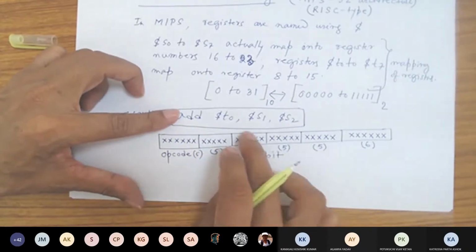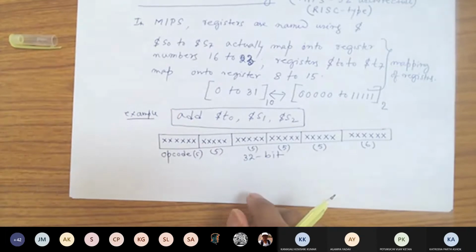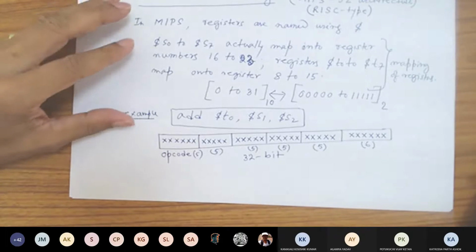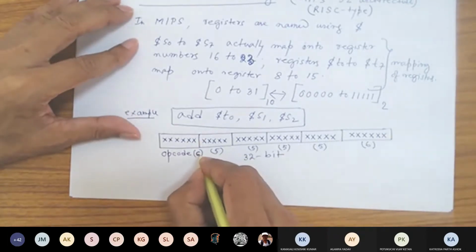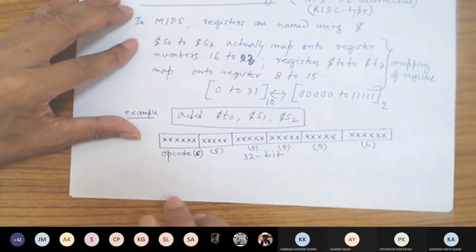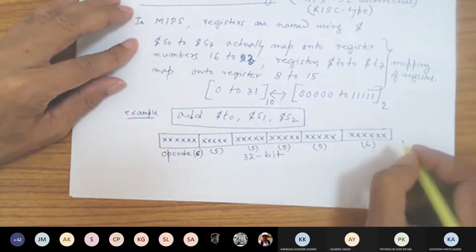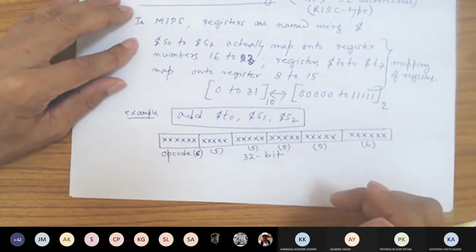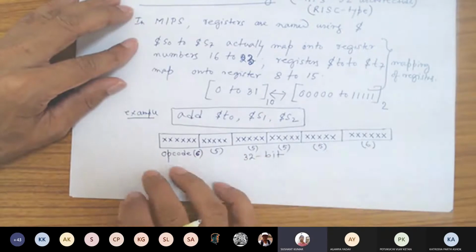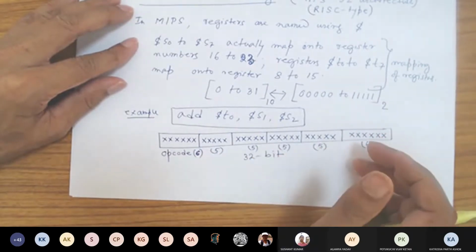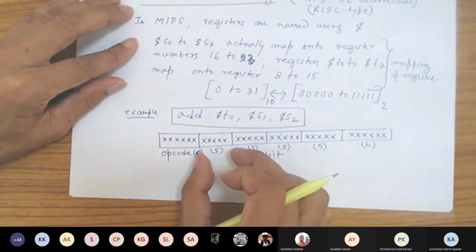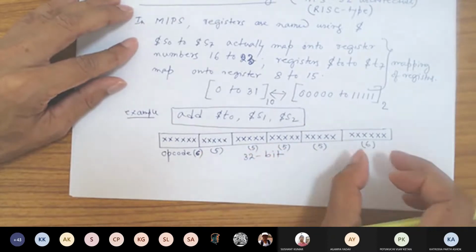Even these 3 fields are also fixed. Okay. So total we have 32 bits. The opcode is fixed. These are also fixed, but sometimes they may be combined. So they are block wise 5, 5, 5, 5, 16.